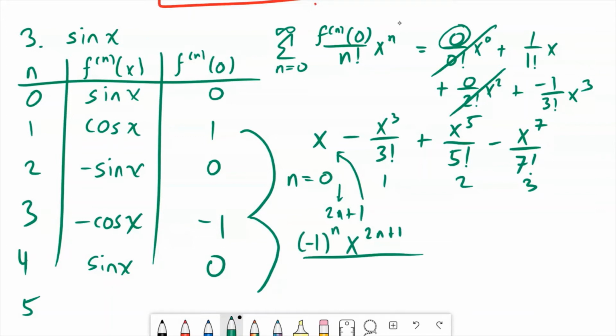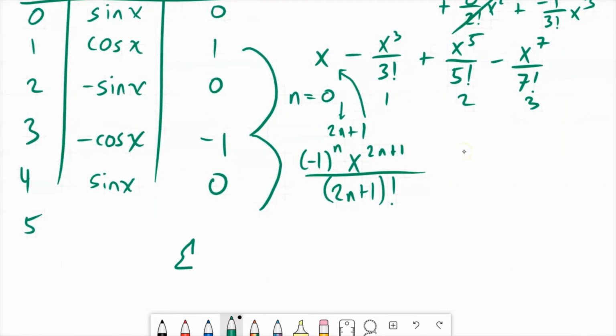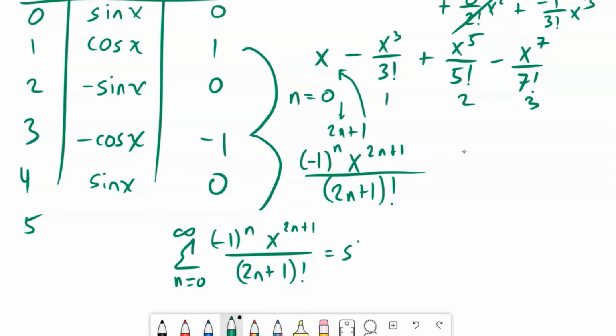And since it's also increasing by odd factorials, it should be 2n plus 1 in parentheses factorial, and this is the nth term. So then in all, the infinite series from n equals 0 to infinity of this is equal to sine of x. And this one is for, again, all real x.